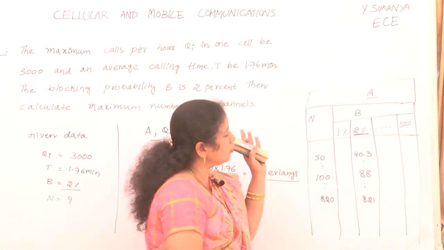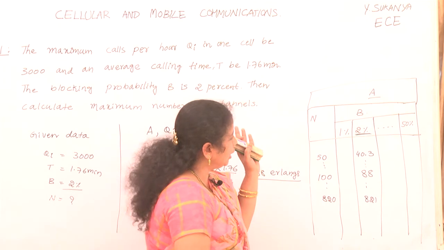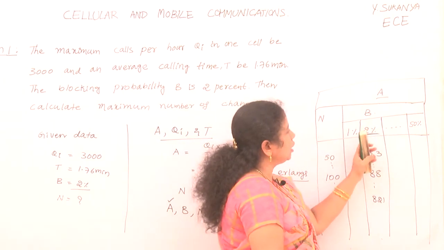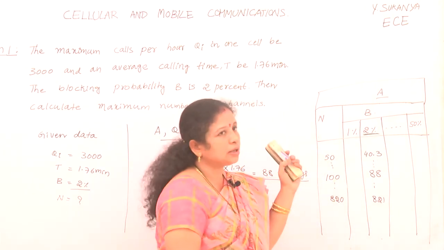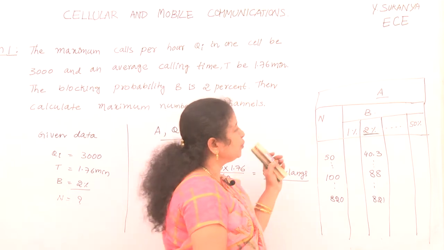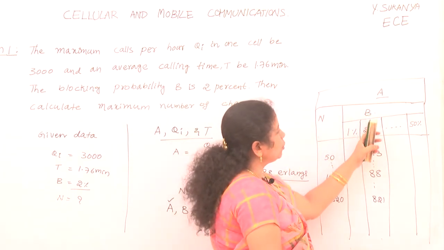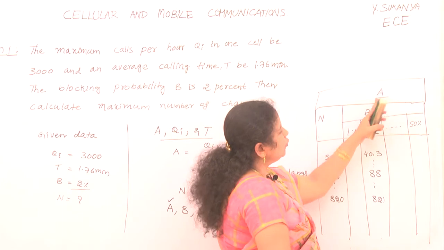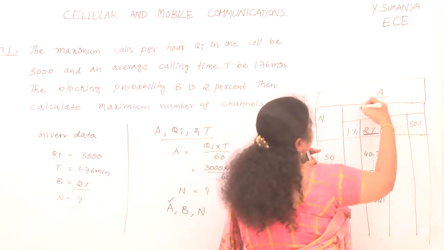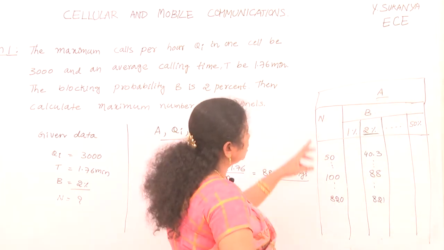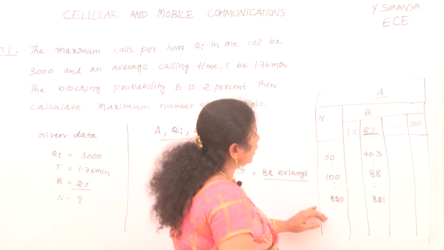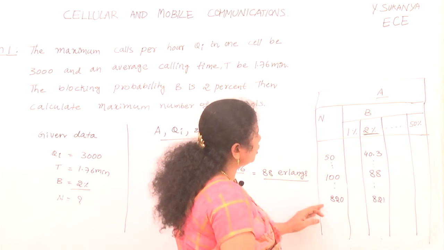While designing the system, generally they consider 2% as the blocking probability. So for a blocking probability of 2% with specified values of offered load, it requires a maximum number of channels.